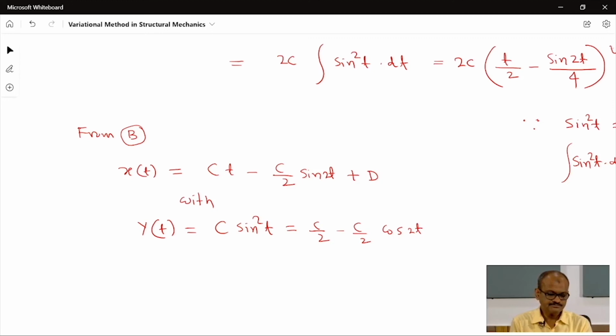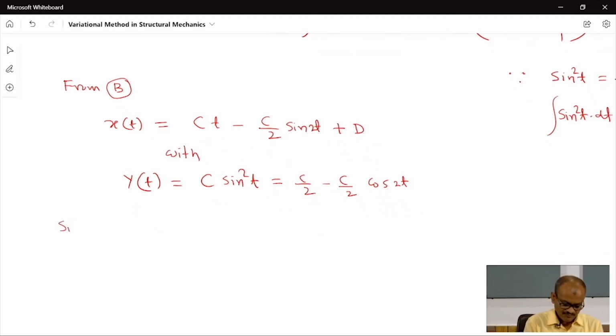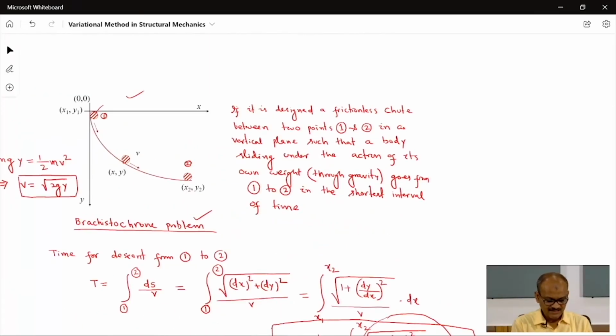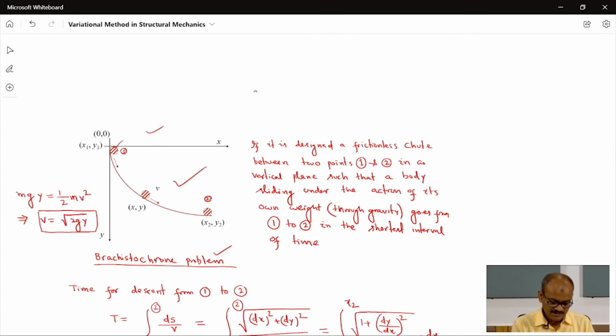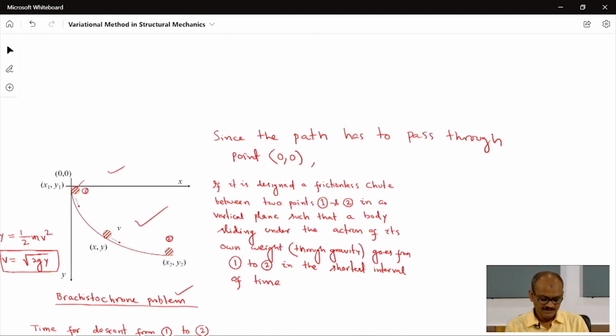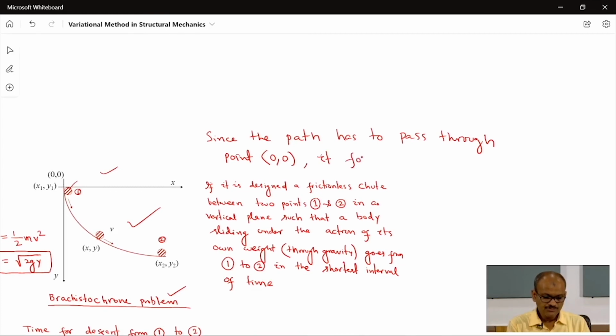Since this path, which we had drawn in the vertical plane, has to pass through the point 0, 0, it follows that d is equal to 0.